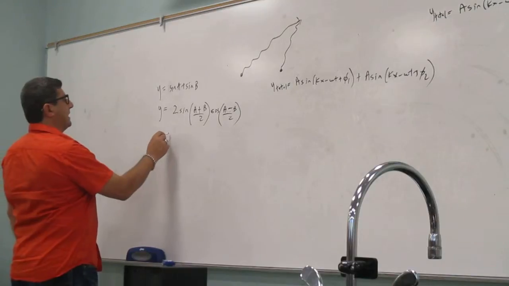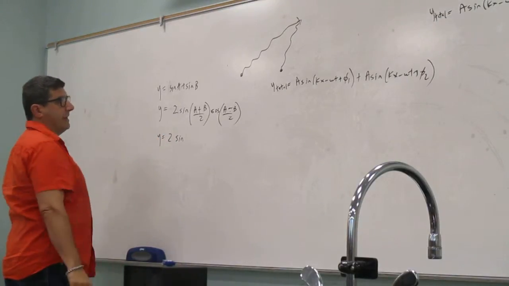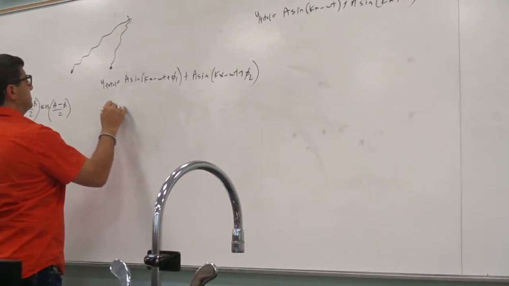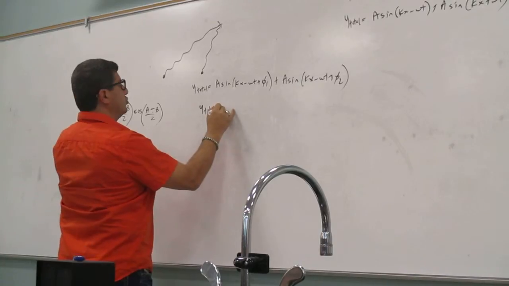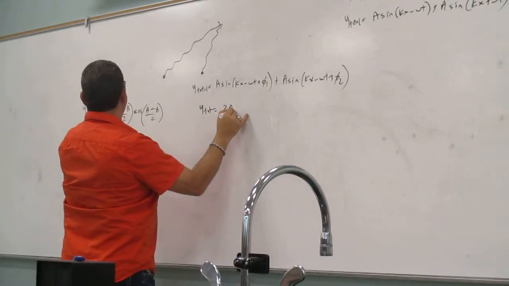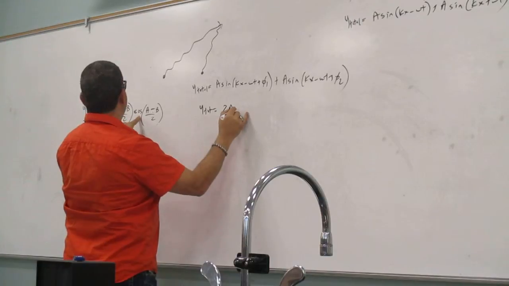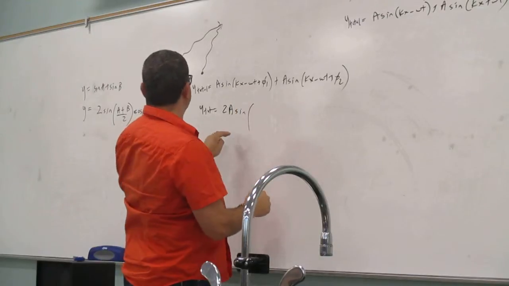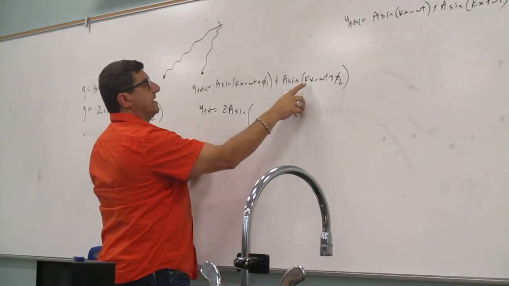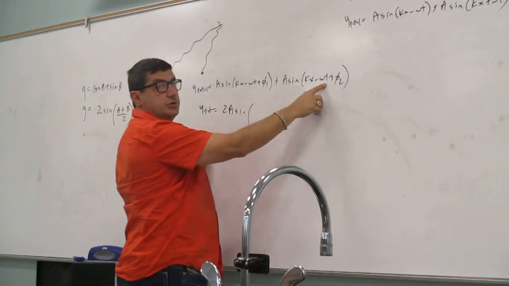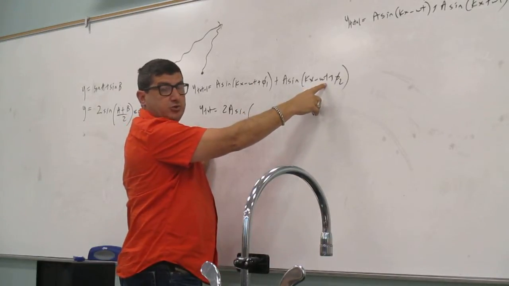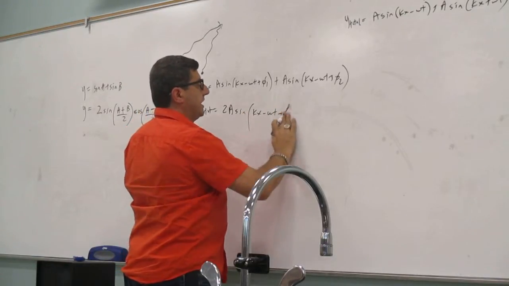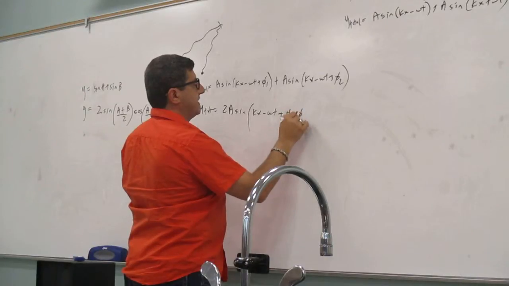So if we apply this identity to that, we have here 2, then the amplitude A, and then sine of, when we add them and divide by 2, this adds to this, so you basically double, and you divide that by 2, so you just get itself again, plus phi 1 plus phi 2 over 2.